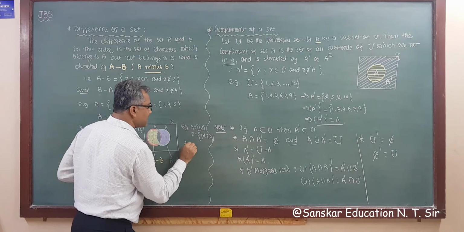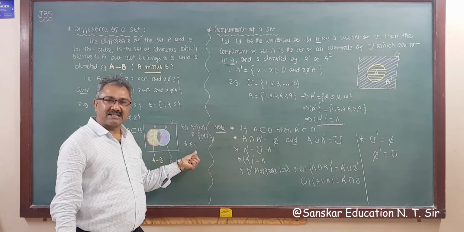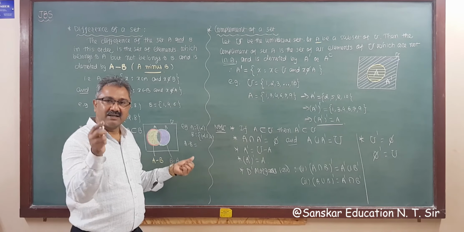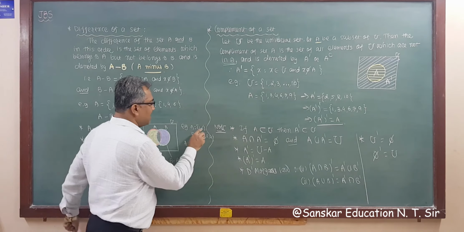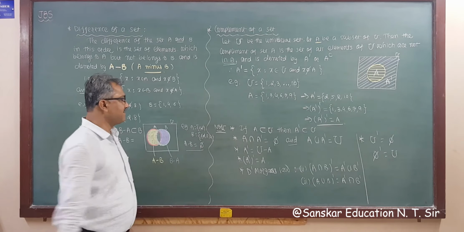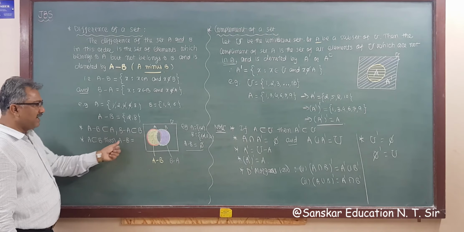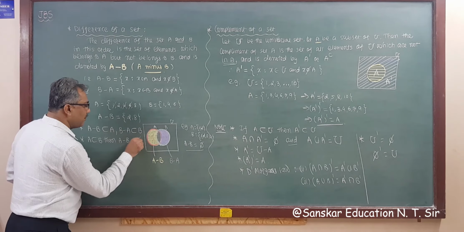So what is A minus B? A minus B means the set of all elements which are in A but not in B. So 1 and 2 will cut, there is nothing. So A minus B is equal to phi. That means if A is a subset of B, then A minus B is equal to phi.